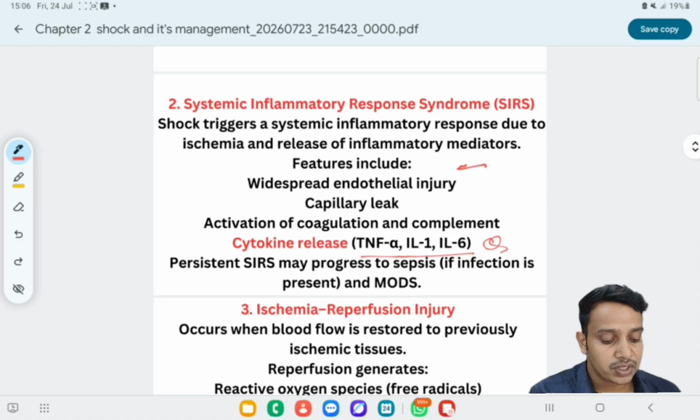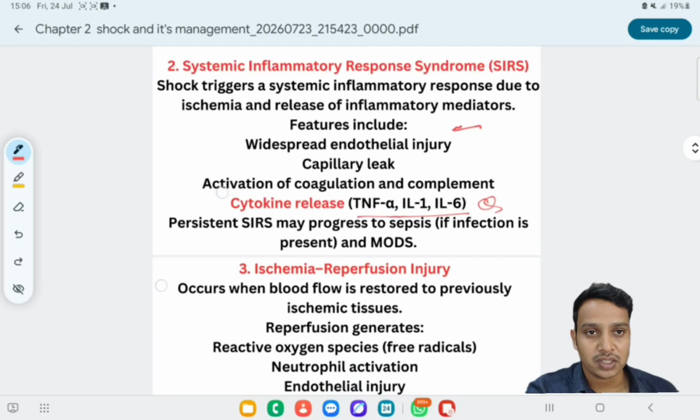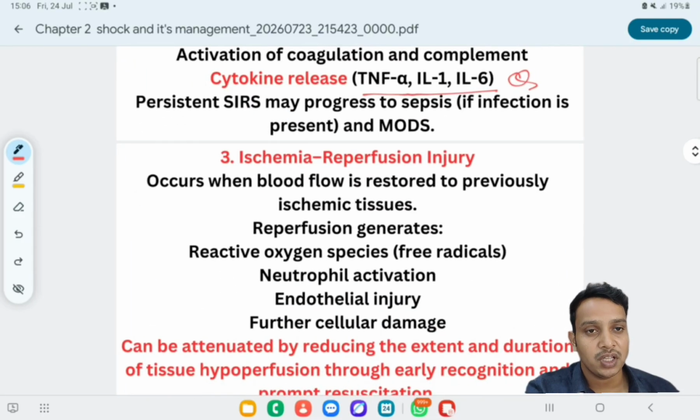Also, if there is shock and you do not resuscitate the patient in the early stage, but resuscitate in the irreversible stage, ischemia reperfusion injury happens. Whenever you restore blood and circulation in the irreversible stage, reperfusion generates multiple reactive oxygen species such as free radicals.